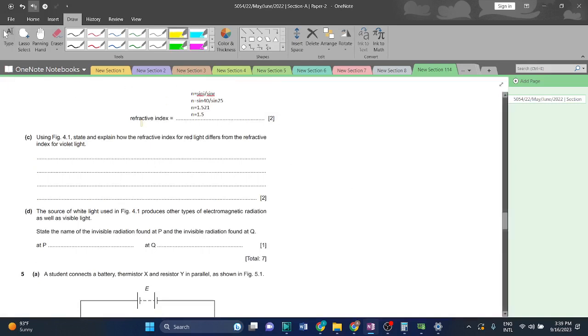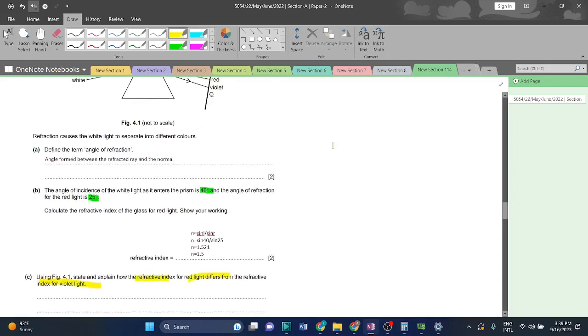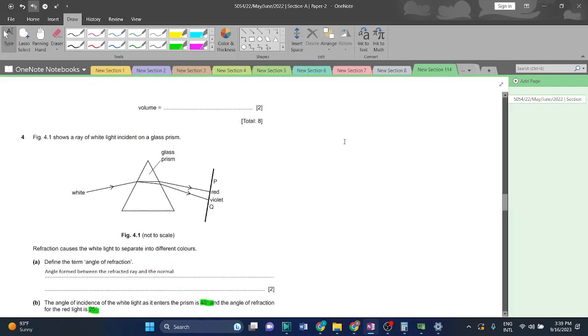Using figure 4.1, state and explain how the refractive index for the red light differs from the refractive index of the violet light. The refractive index primarily decides what the angle of refraction will be. The lower the refractive index, the greater the angle of refraction. Understood?